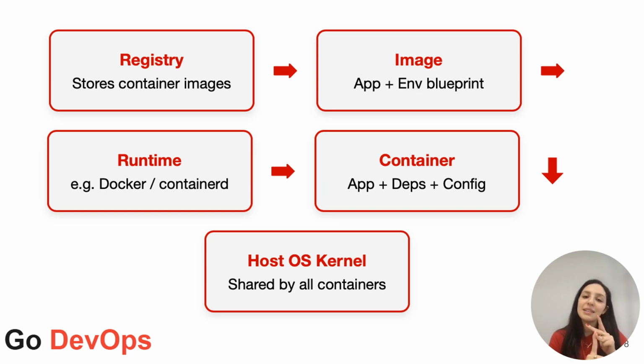The runtime isolates the container using the host kernel. The app runs consistently anywhere. So in one sentence, containers run your app the same way everywhere by isolating it in a lightweight, consistent environment created from a reusable image powered by a container runtime.